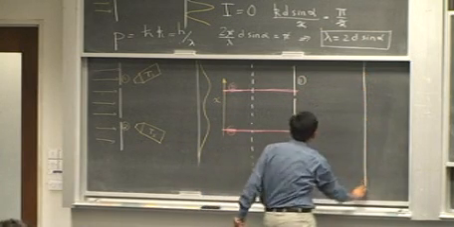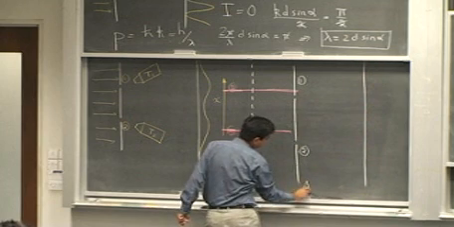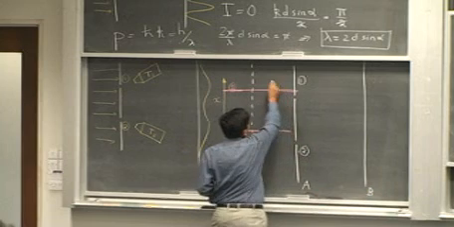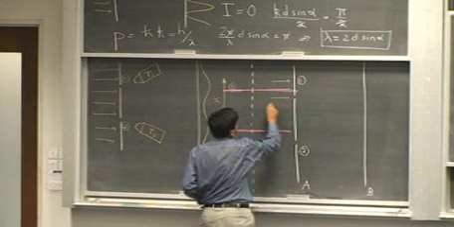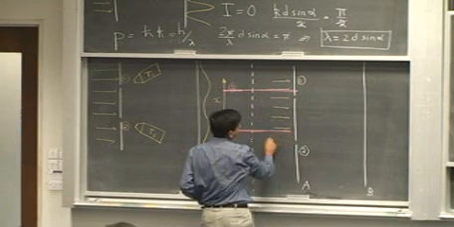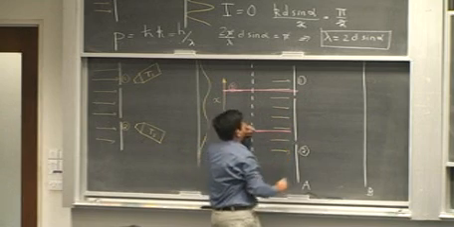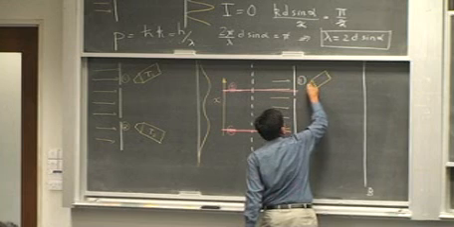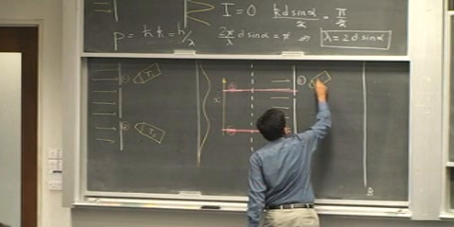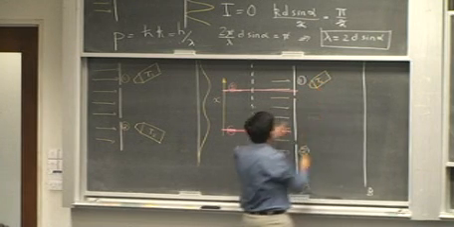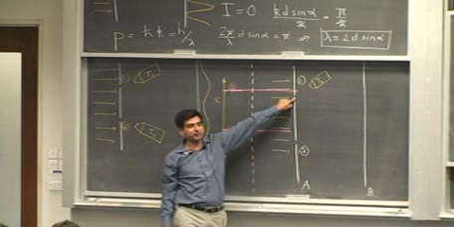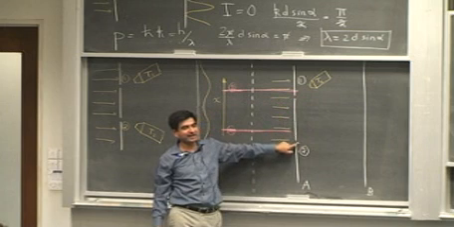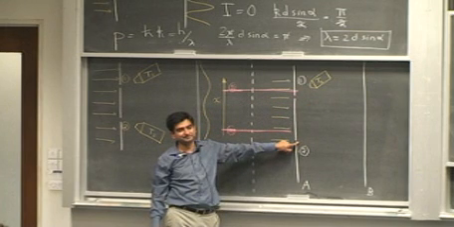I have the two screens. I call this screen A, I call this screen B. And now once again I have electrons or photons or protons coming in. And I only have one telescope, that is aimed at this slit, that is tightly focused at this slit. Only one, and I have nothing here, I have no observer here.